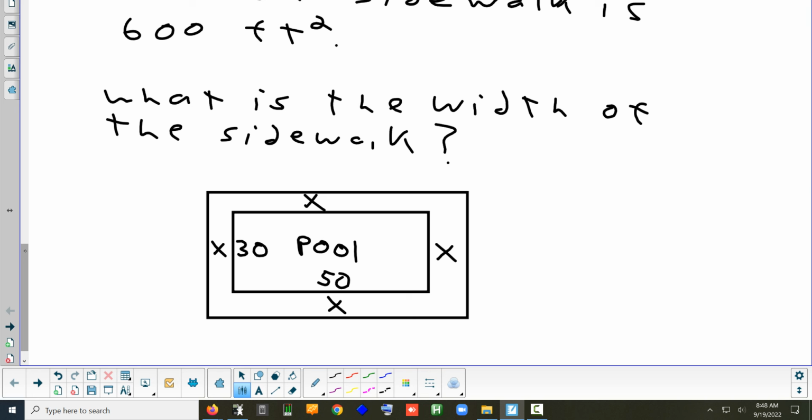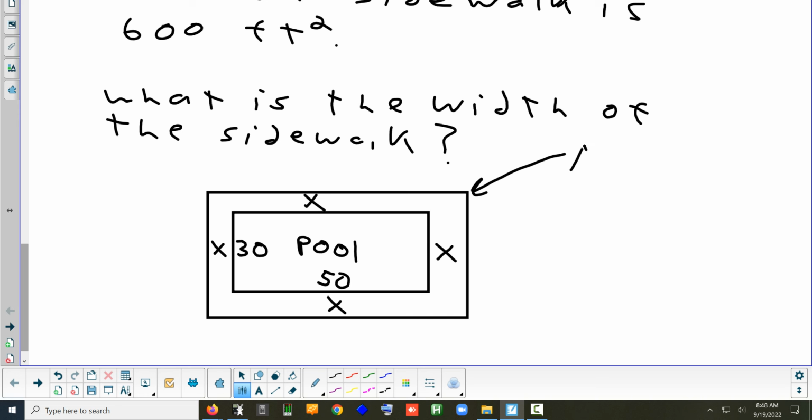So let's call the outer rectangle the big rectangle, and the inner rectangle, well, that's the pool. Does anybody see what I could do if I knew the area of the big rectangle and the area of the pool? Do something with the two of them to find just the area of the sidewalk that's around the pool. Yep. You just subtract the area.